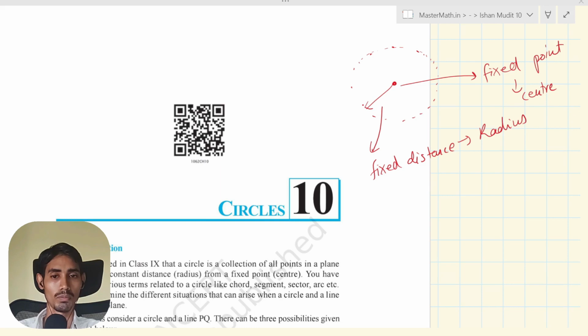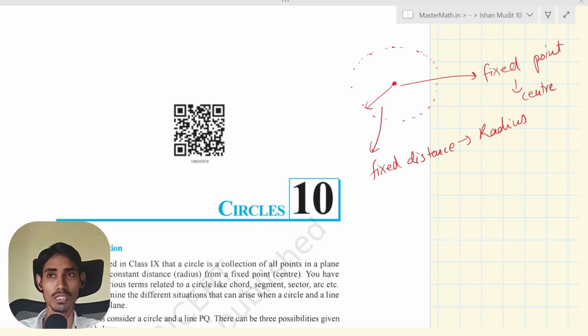Now there is also a little more sophisticated definition: locus of all the points equidistant from a fixed point. Locus means the set or path of the points. So locus, set of points, collection of points, it's the same thing.